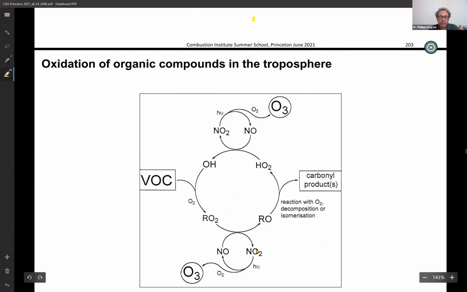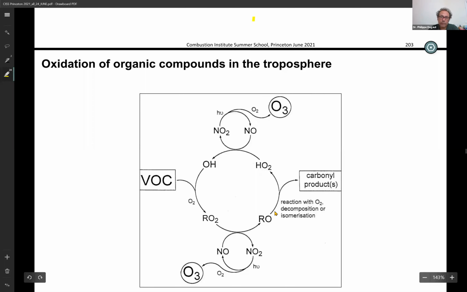It is photolyzed by solar light and produces NO plus an oxygen atom, and this oxygen atom reacts with molecular oxygen present in air and forms ozone.